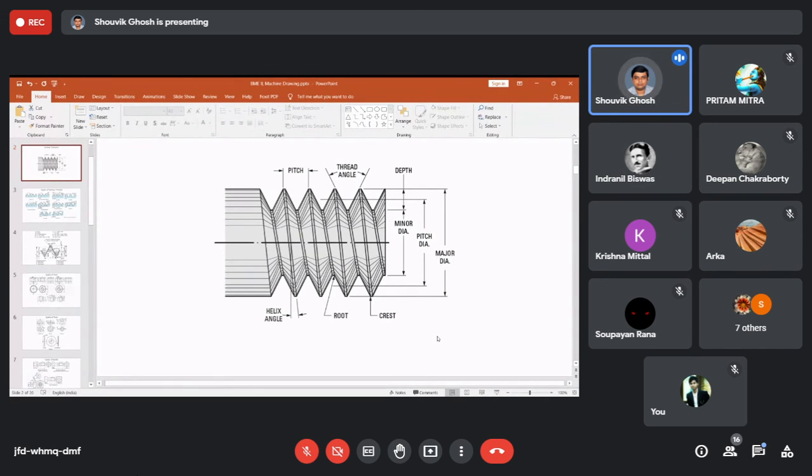Okay, use your scale, draw as neat as you can. Mark the nomenclatures, and then if you say half page drawing is there, then the rest half page you can write about the nomenclatures. If you want, you can have one whole page for the drawing, and then use the backside of that page to write the nomenclature.